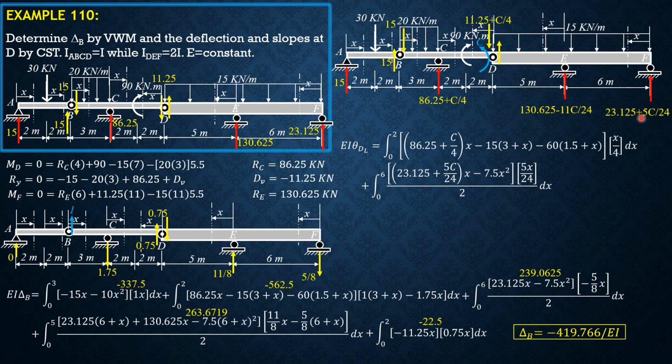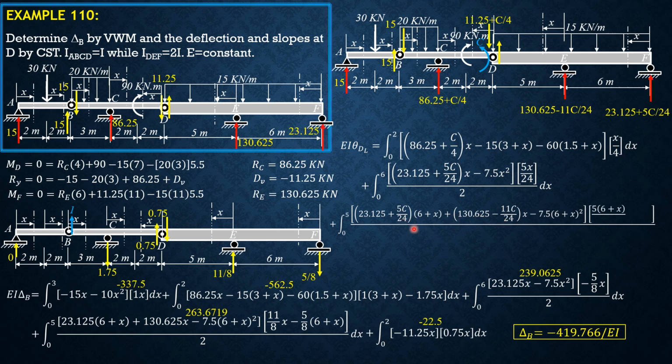Then in this section, plus integral 0 to 5 of quantity 23.125 plus 5c over 24 times quantity 6 plus x plus 130.625 minus 11c over 24 times x minus 7.5 times 6 plus x squared. Then partial derivative of this equation is 5 over 24 times 6 plus x, then minus 11x over 24, then everything is divided by 2 because the moment of inertia is 2I.